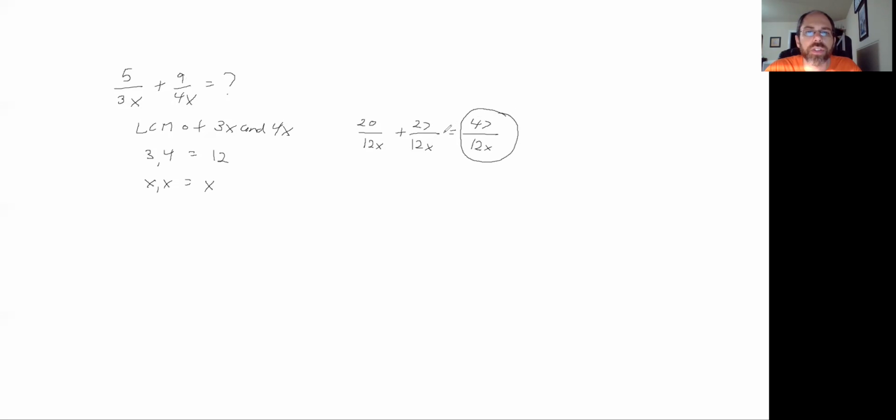So this would be our answer, and where we're going with this is when we see an expression like this, we could ultimately think of this more complicated expression as this much more simple and straightforward one. For example, what if I were to give you a full equation and I told you 5 over 3x plus 9 over 4x is equal to 6 or something like that, and I asked you to solve that equation?